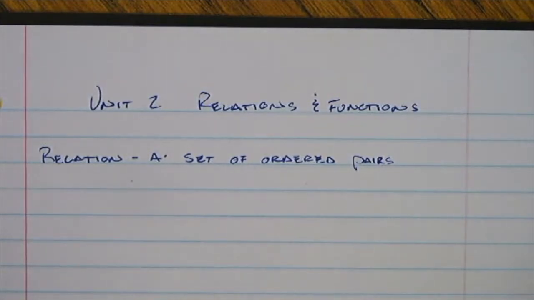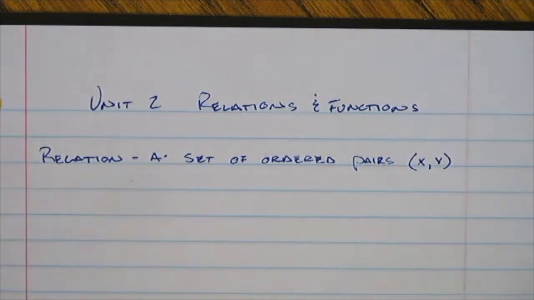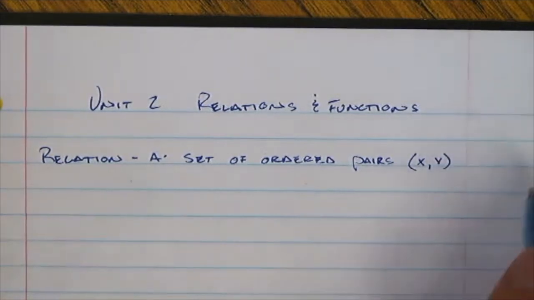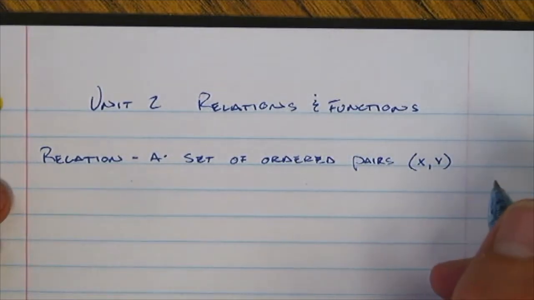Ordered pairs are very familiar to us, as we all know. Ordered pairs are X first and then Y, every time, always in that order. As we talk about the ordered pairs, you'll know that we have a set of X's and a set of Y's, and we can list them in a couple different ways.